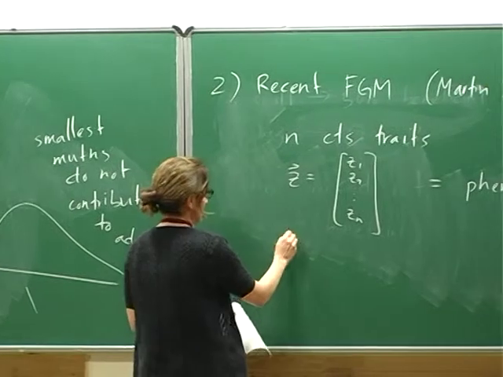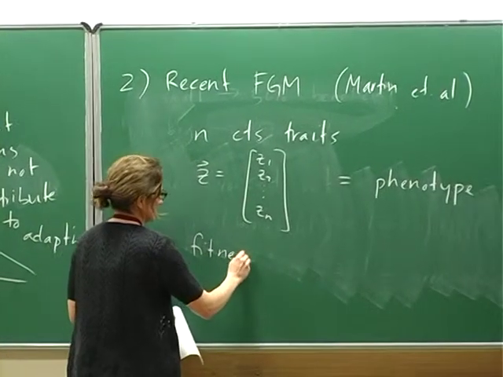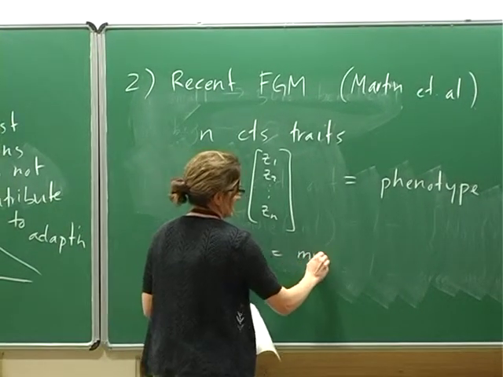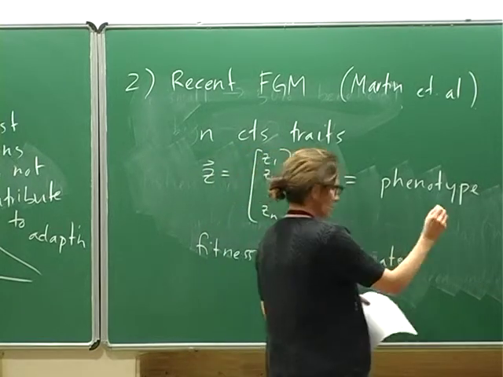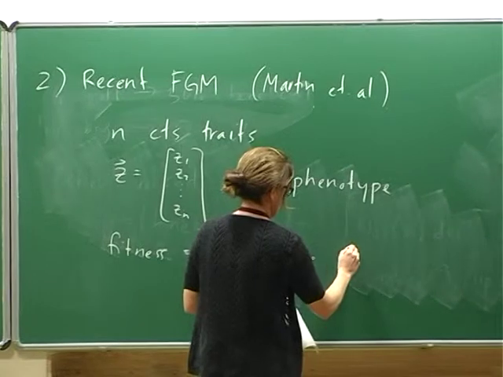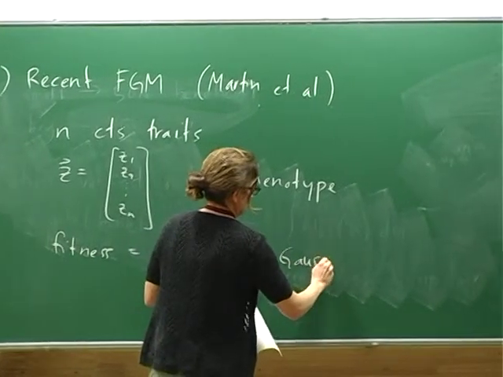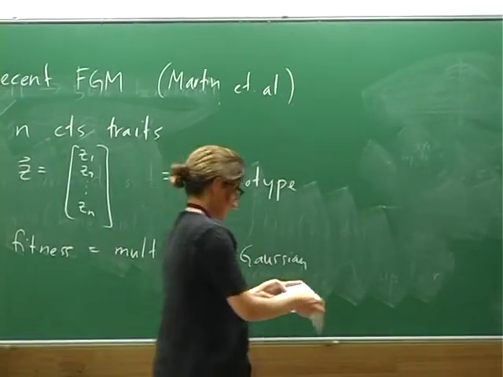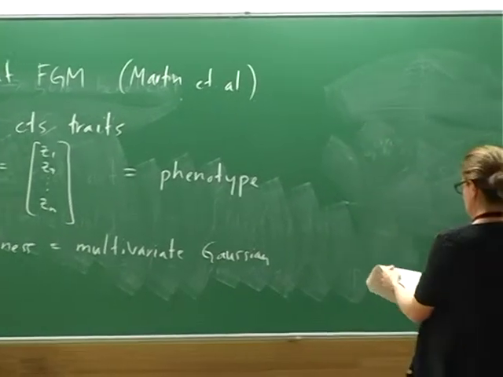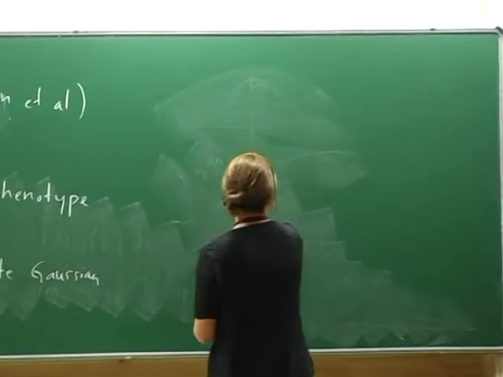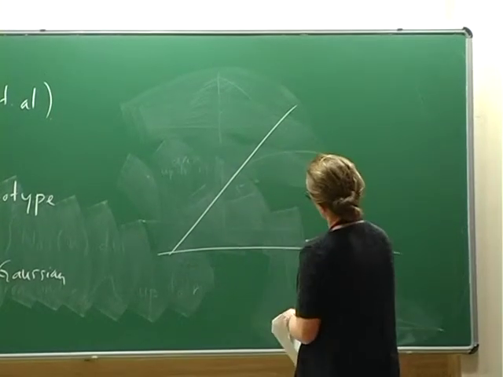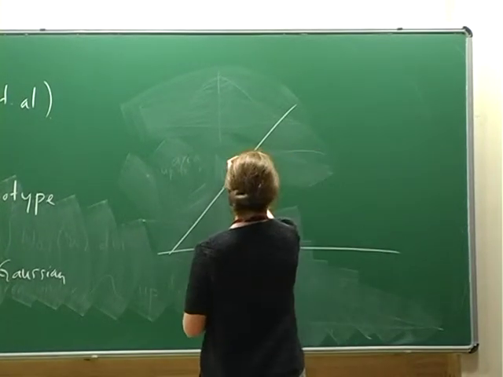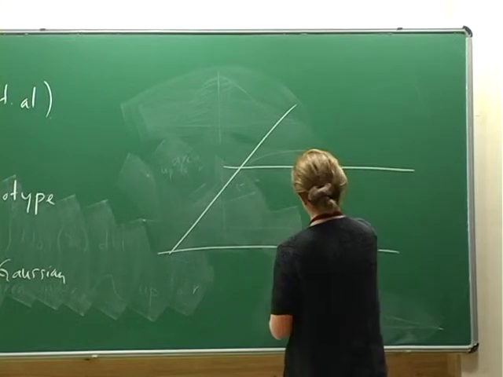And then a big assumption here is that fitness is going to be a multivariate Gaussian. So a bell curve, but in many dimensions. Which I will attempt to sketch. So there are axes, but actually I need the origin to be in the middle.